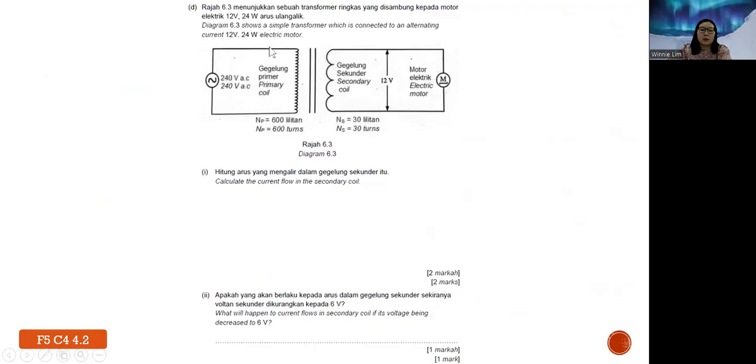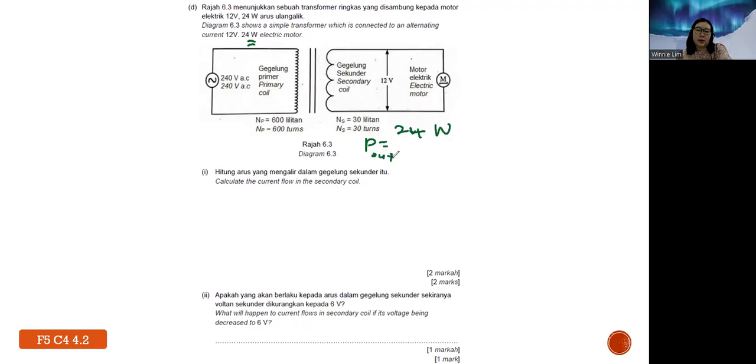Okay, next, the calculation part. Diagram 6.3 shows a simple transformer which is connected to an alternating current 12 volt, 24 watt electric motor. Calculate the current flow in the secondary coil. They give you the primary voltage, secondary voltage, and also the output power, 24 watt.